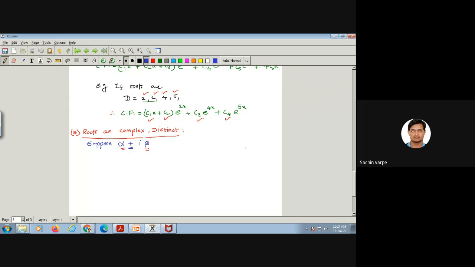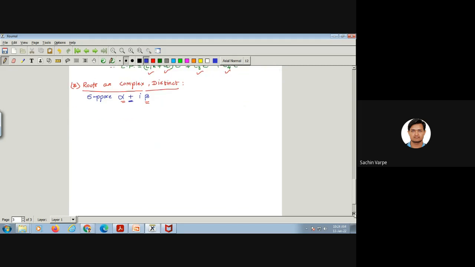Okay, so for this complex root alpha plus I beta, its conjugate is also root, that is alpha minus I beta. So totally we are considering here the two different roots, alpha plus I beta and alpha minus I beta. So its complementary function must involve two arbitrary constants.